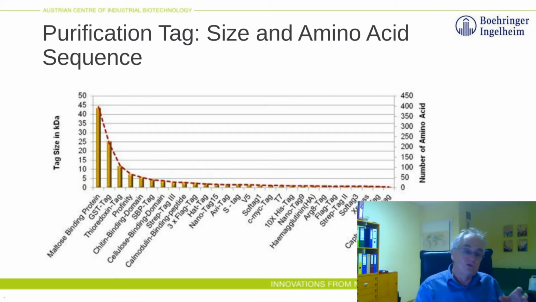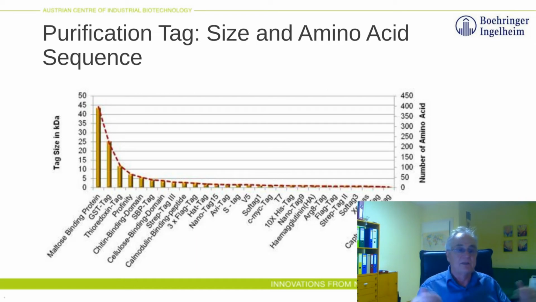Large tags have been used for other purposes, either for increasing the solubility, for detection, or fusion proteins have been used a lot for increasing the half-life of a protein. These are, for instance, the Fc fusions, to increase the half-life of a small protein.